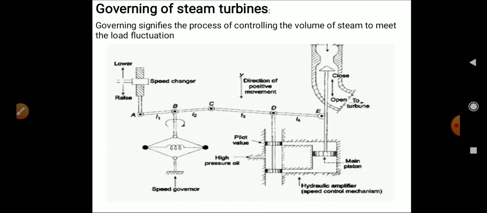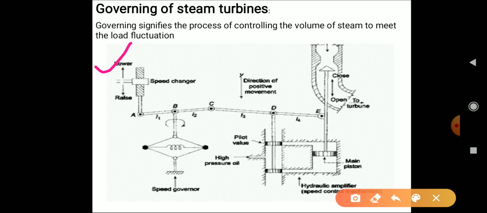See this diagram, this is your speed governor system, the flyball speed governor system. This is the lower section, this is the raise section. If you want to lower the speed, just lift it upward.